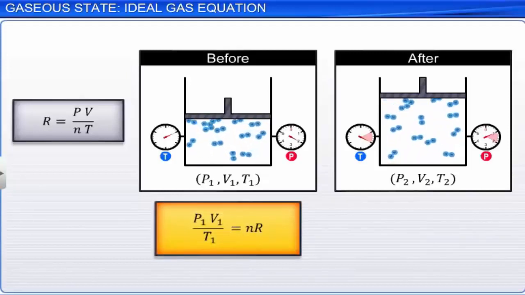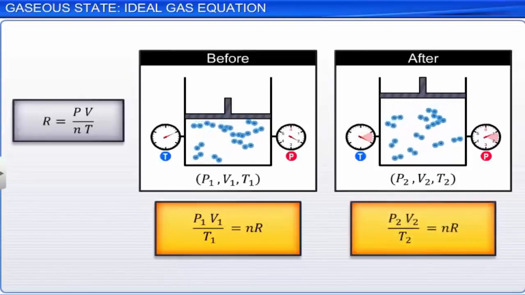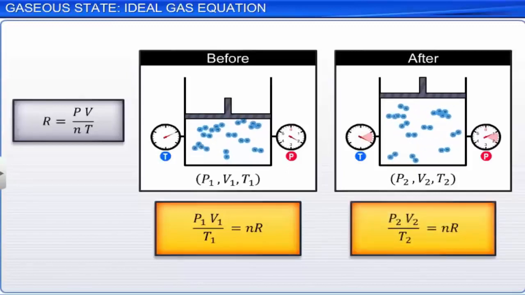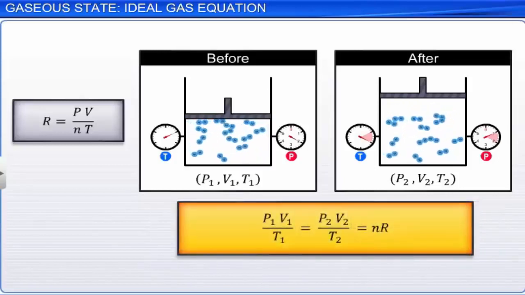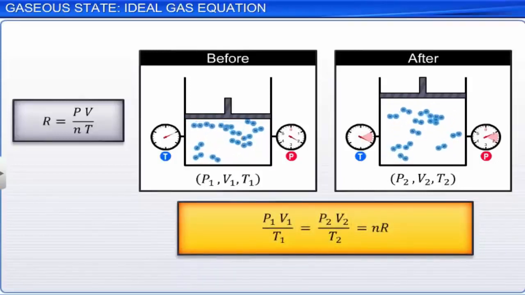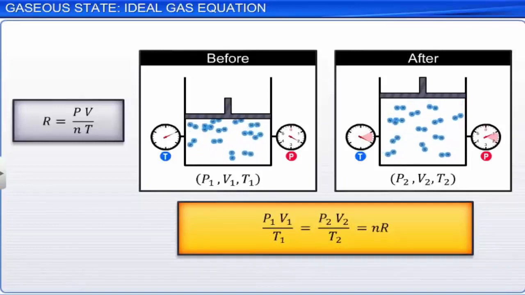Combining the two equations, we get P1V1 by T1 is equal to P2V2 by T2. This equation is known as combined gas law and is useful in calculating any of the variables if the other 5 variables are known.